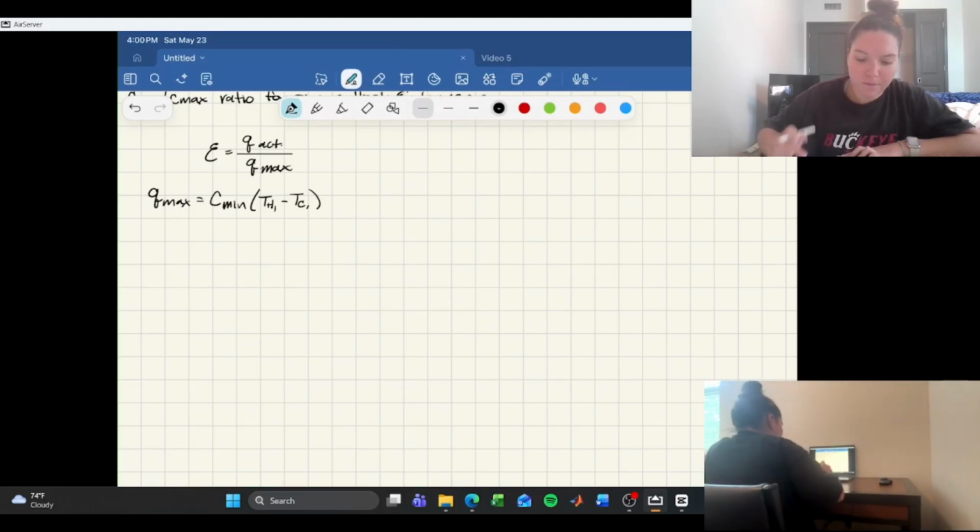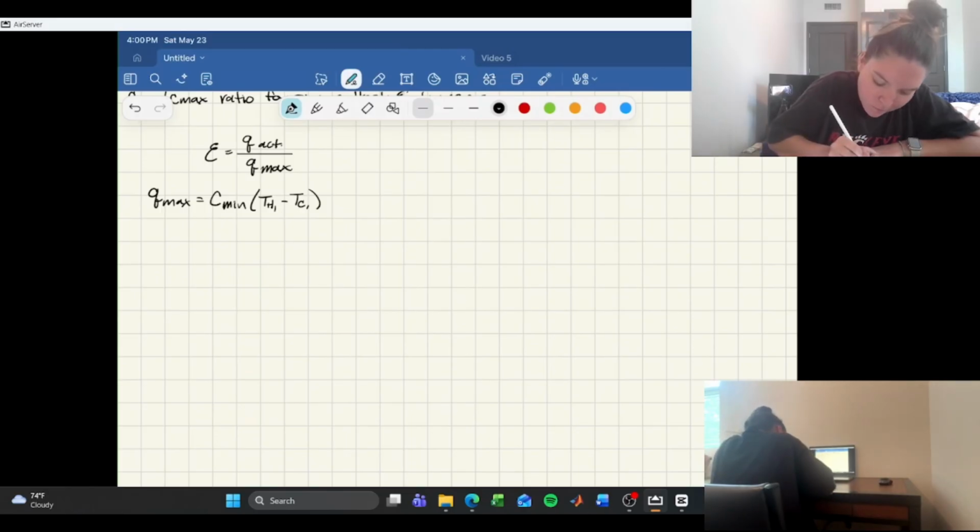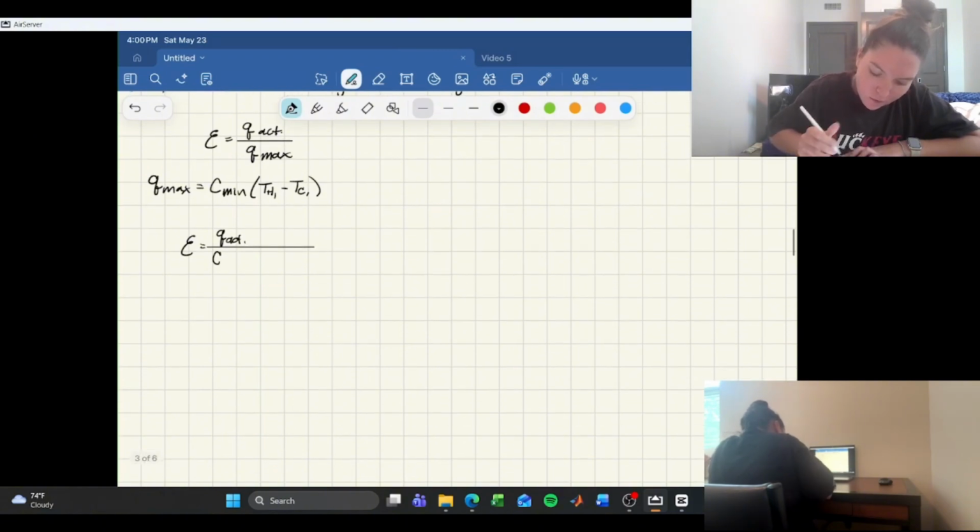So then if we plug this in, we're going to get that the effectiveness is equal to the actual flow rate over the minimum flow capacity times the temperature of the hot stream minus the temperature of the cold stream. And the effectiveness is a dimensionless group.